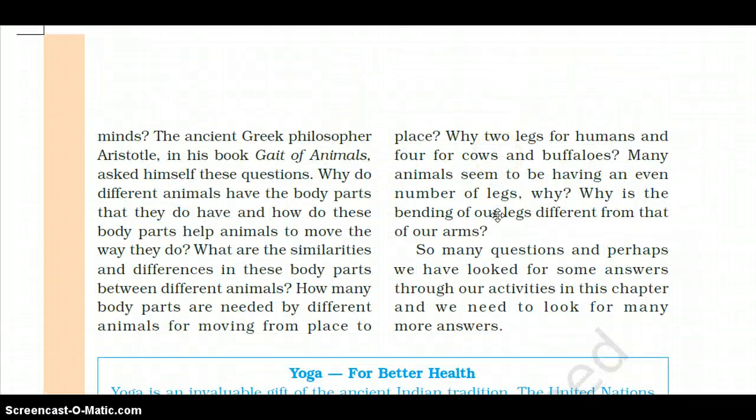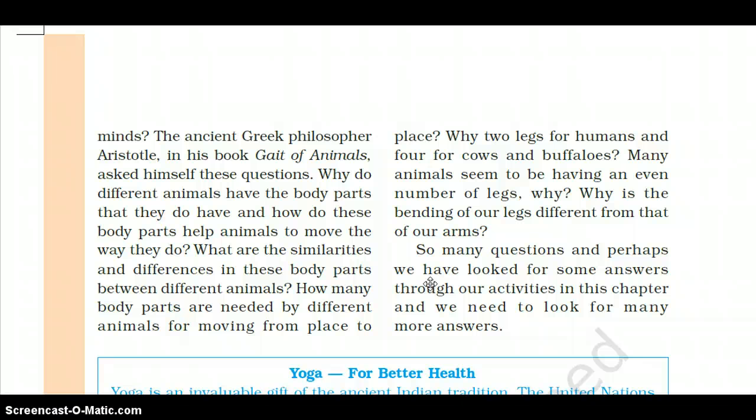Now in other animals like mammals, like tiger and elephant, these animals use both the forelimbs as well as the hind limbs for locomotion. But in case of human beings, we use only our hind limbs for locomotion. So in animals having a vertebral column or backbone, locomotion is brought about because of two reasons.